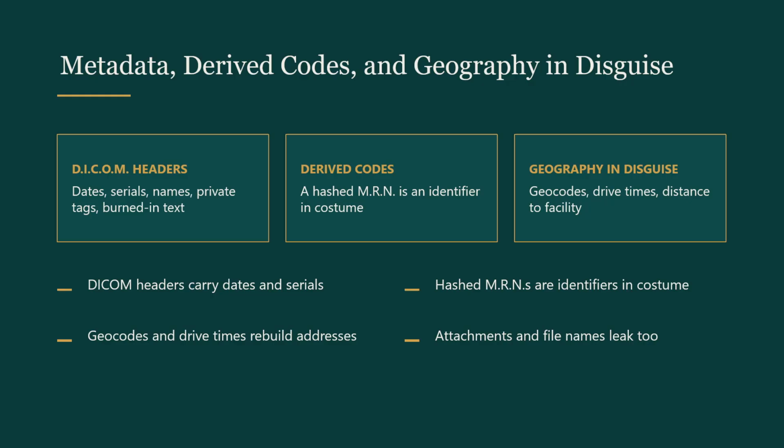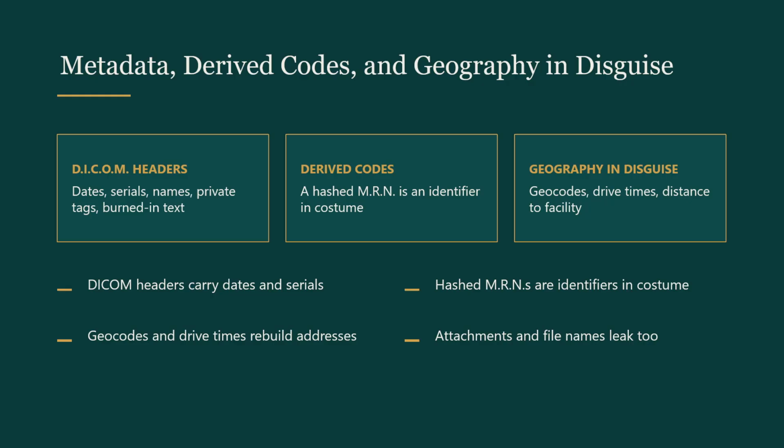Patient name and patient identifier tags, obviously, but also study and series dates and times to the second, accession numbers, device manufacturer and serial number, institution name and address, referring and performing physician names, and free text study descriptions that clinicians use as a notepad.